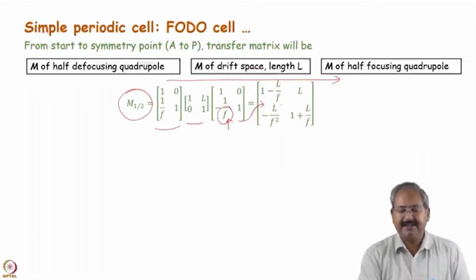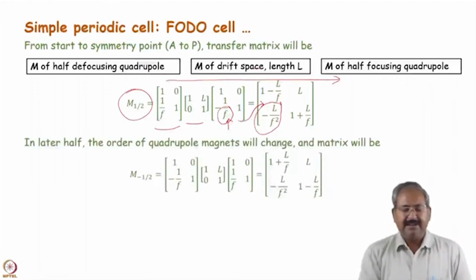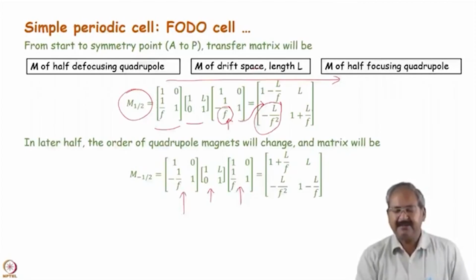And you can see that this element is with minus sign. Means this shows overall focusing in this particular plane. In later half, after the mirror symmetry, the order of the focusing and defocusing magnet reverses, and when we multiply it, we get a matrix similar to the above.